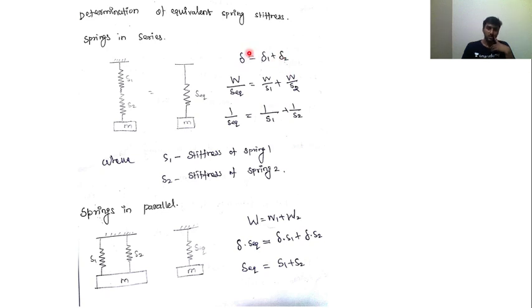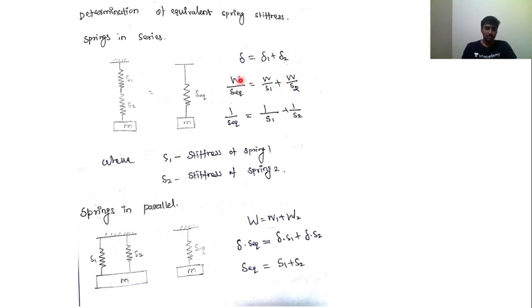We know that deflection is equal to load by stiffness, so total deflection is equal to load by total spring stiffness. Then delta 1 is equal to the total load acting on the spring divided by the stiffness of spring 1, plus W divided by S2.